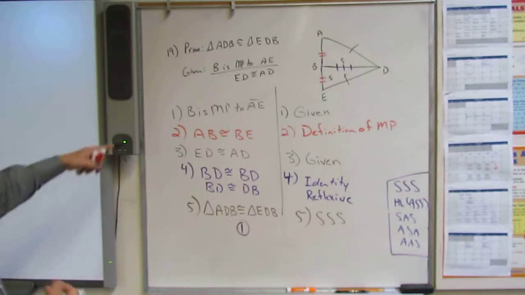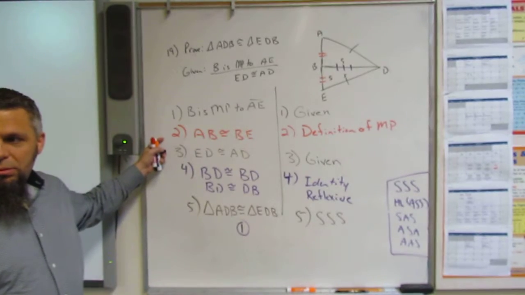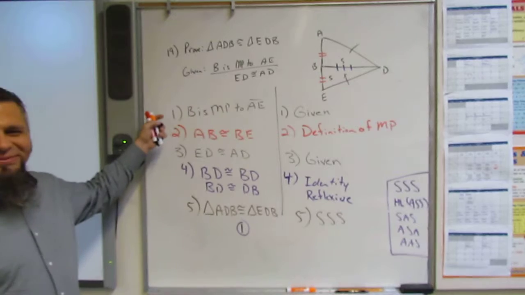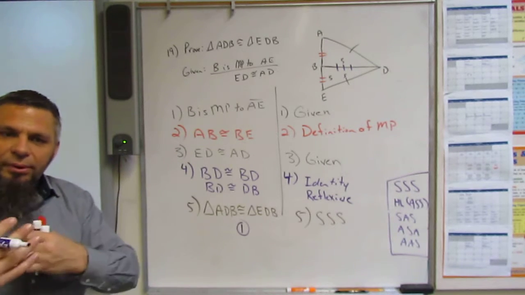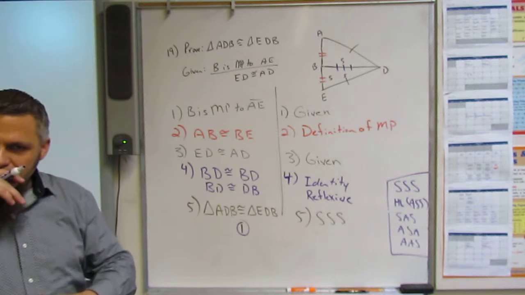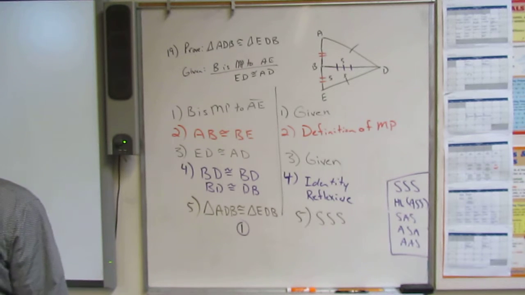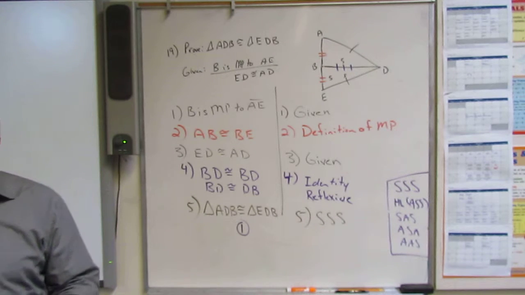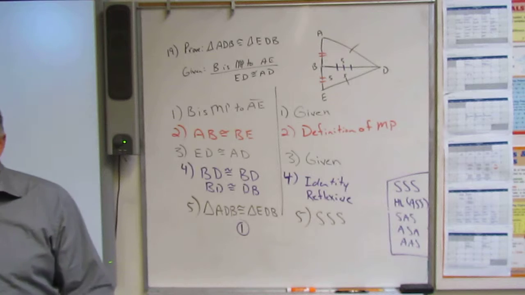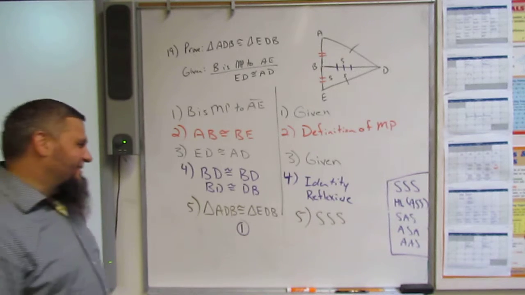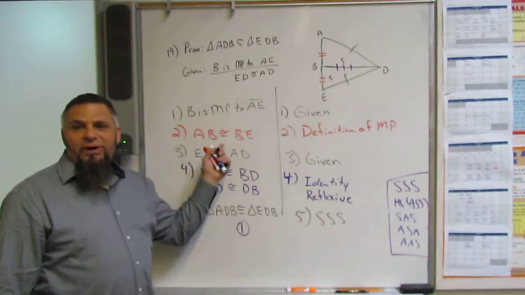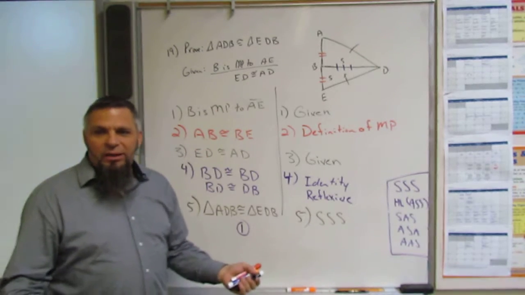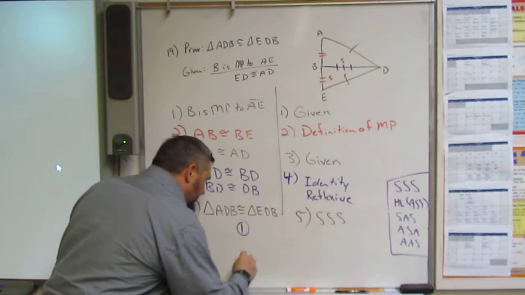Now with 1, does that get us to 2? Did we get 2 from 1? Yeah, we did, right? It was a midpoint, and then we found that they were congruent because it's a midpoint. So 2 came from 1.